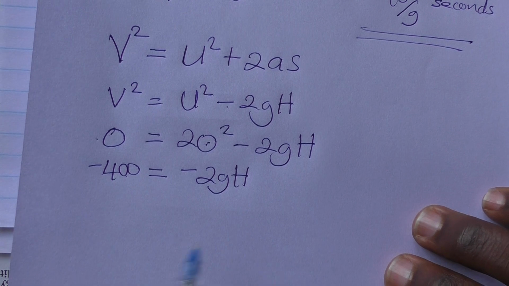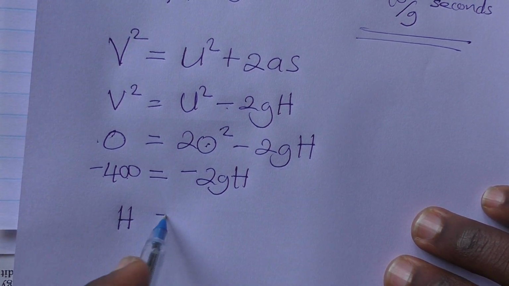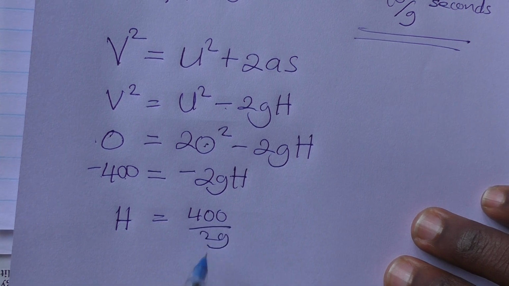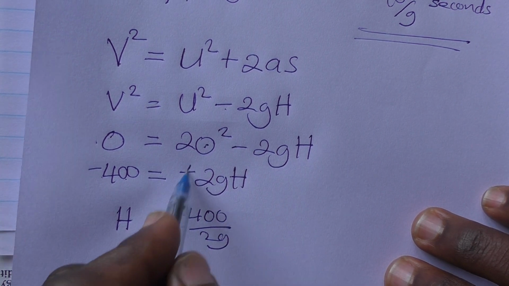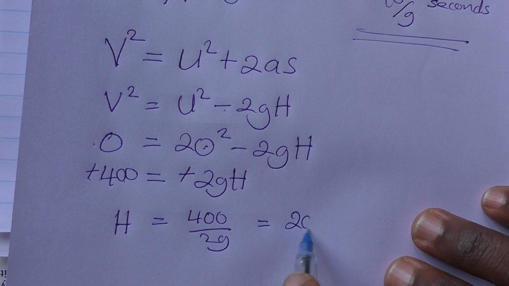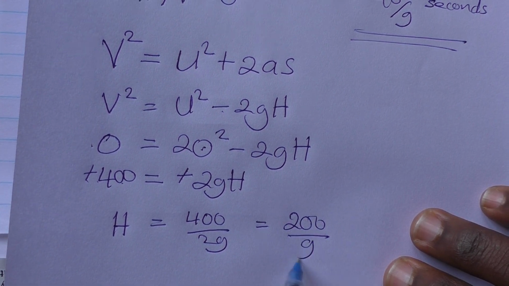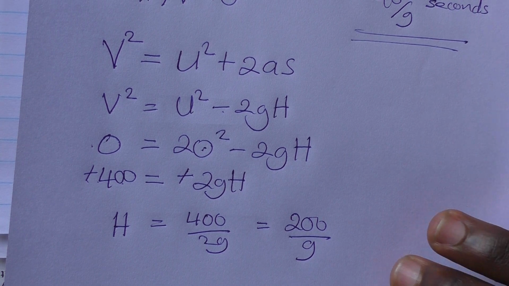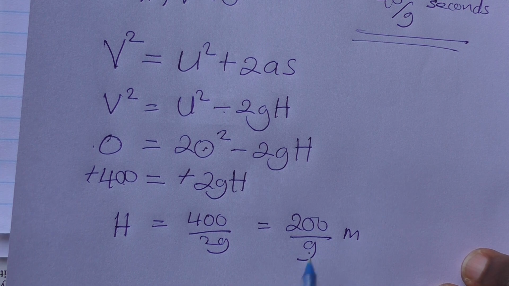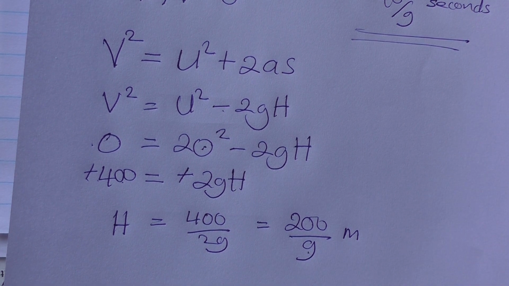We make h the subject, which is 400 over 2g. The negative cancels out, which gets us 200 over g, and this will be in meters. So you can always substitute with the value of g and get the numerical value.